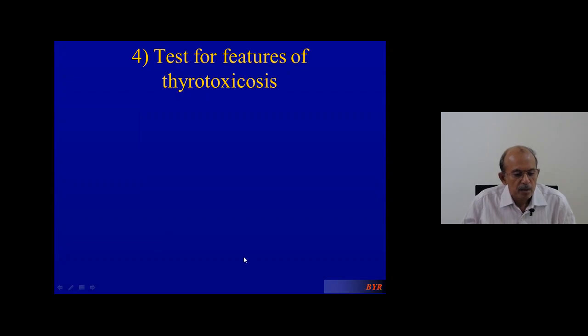Very good. These are the 4 cardinal points of thyrotoxicosis. That means goiter with bruit, tachycardia, tremors of the fingers, and exophthalmos.